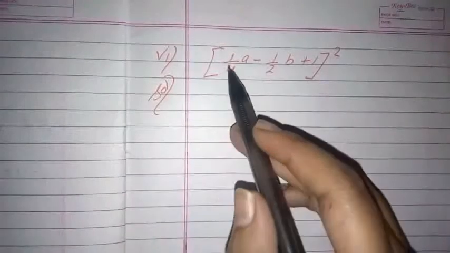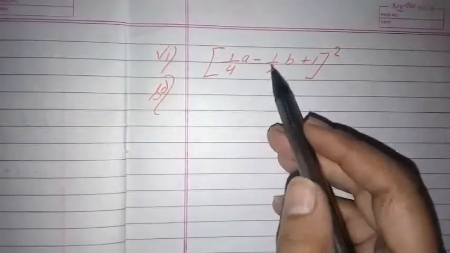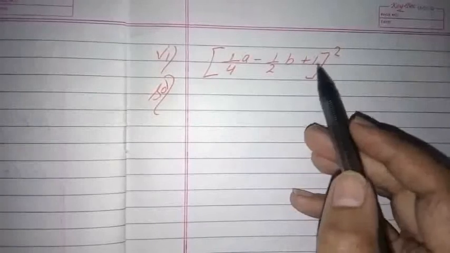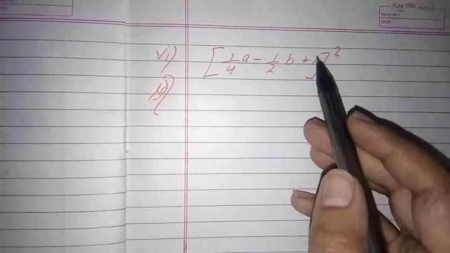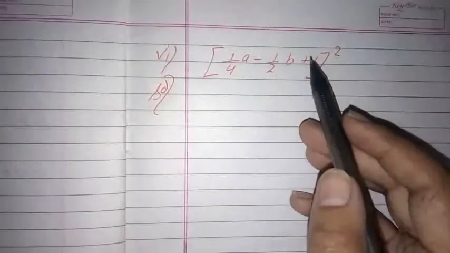Okay, now the sixth part, 1 upon 4a minus 1 upon 2b plus 1, and their whole square. We will use the same identity which we used in the last 5 parts of question number 4.